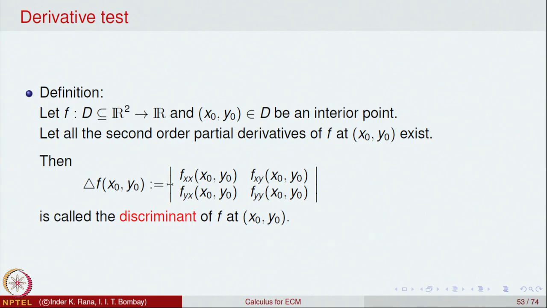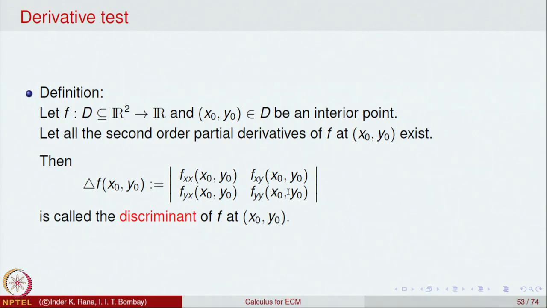and defined as the 2 by 2 determinant where the first row is f_xx, the second order partial derivative at (x0, y0), and f_xy, the partial derivative at the point (x0, y0), and here across is f_yx at (x0, y0), and f_yy at (x0, y0).